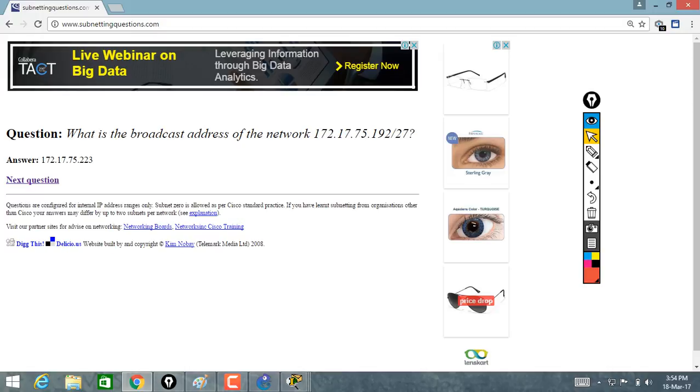I have got .223, and this is the broadcast address of this particular subnet. The .192 itself is the network ID. So this is the subnet. Let's go to the next question.